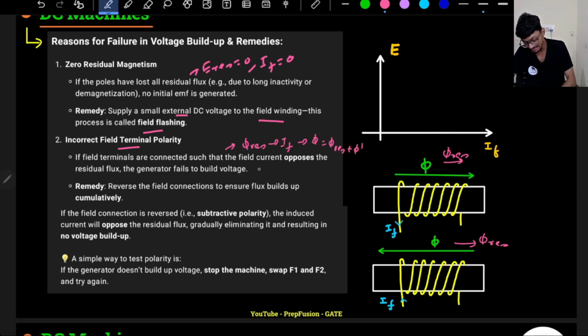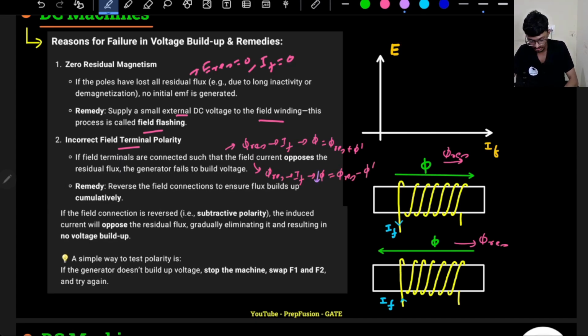But now as they are connected in opposing polarity, it is just like acting like a differentially compounded machine. So due to some phi residual, some IF current will flow. Due to that, overall flux will now be phi residual minus phi dash. So overall flux is reducing.